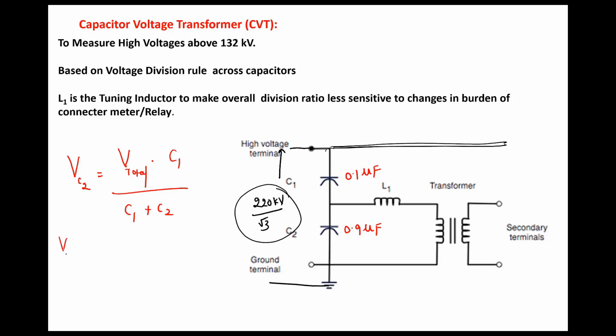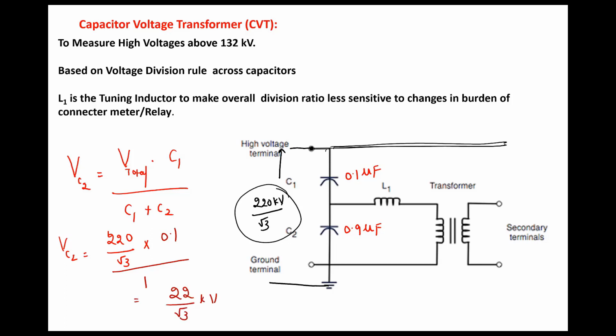So total voltage is 220 divided by root 3 kV into C1, 0.1 microfarad, divided by 1 microfarad. This value will approximately become 22 divided by root 3 kV.